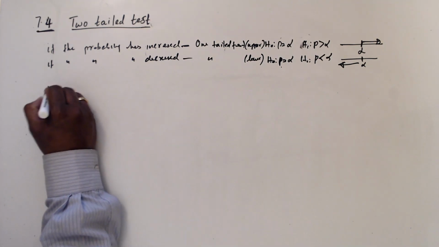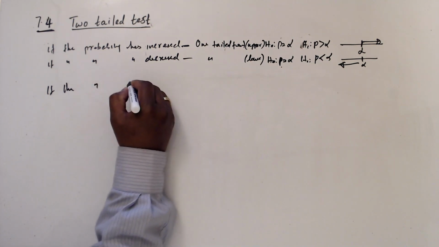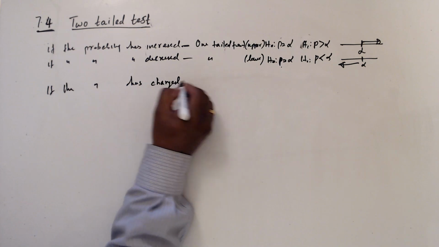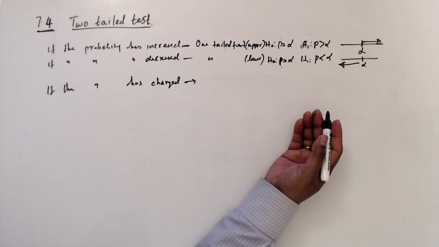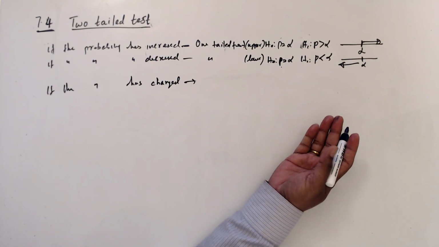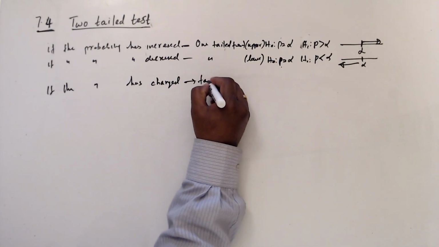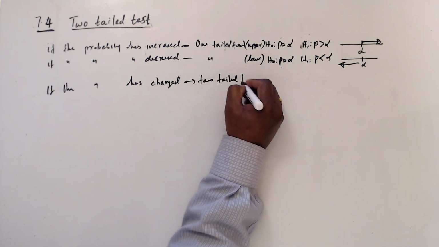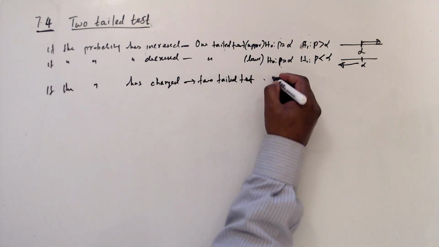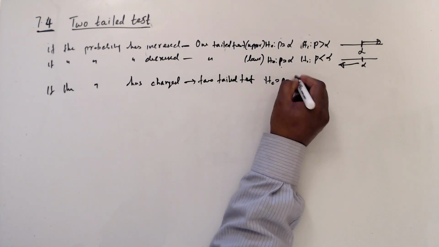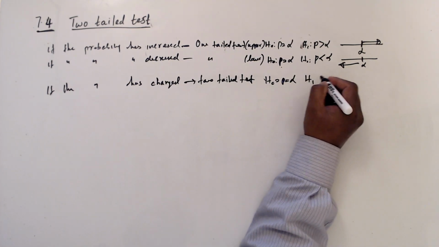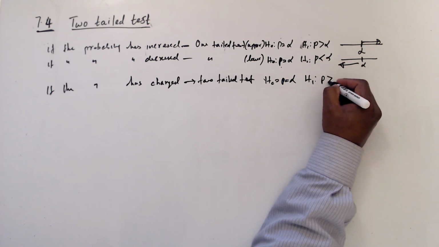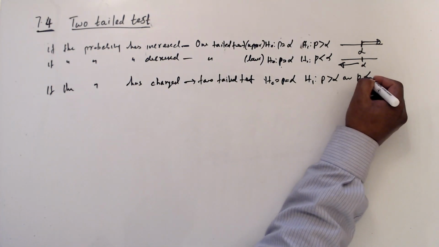But there are situations where the probability has changed, and then we don't know whether it went up or down. So we have to check both sides. That is going to be a two-tailed test. It's still H naught P equal alpha, but H1 is either P greater than alpha or P less than alpha.